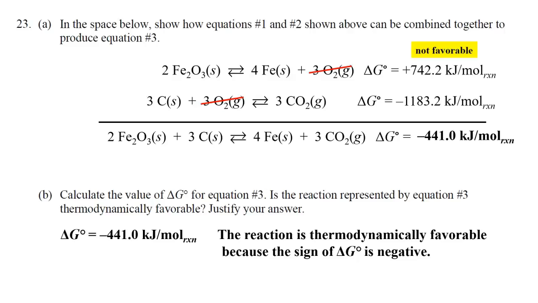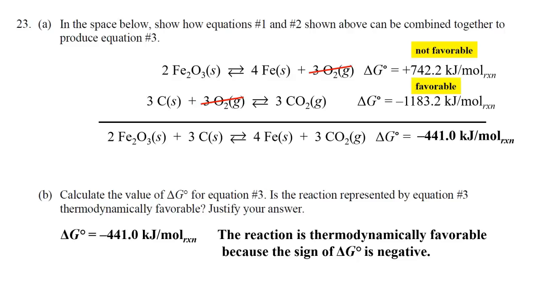So we basically took an equation with a positive delta G that is not favorable, involving this conversion of iron oxide, Fe2O3, into iron and oxygen. We coupled that with another reaction in which oxygen reacted with carbon to produce carbon dioxide, and that was favorable.